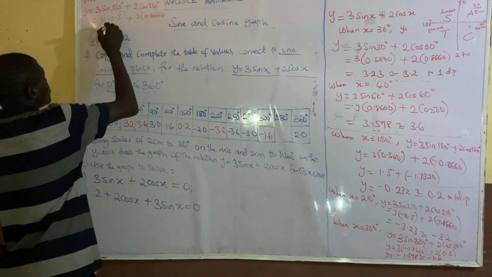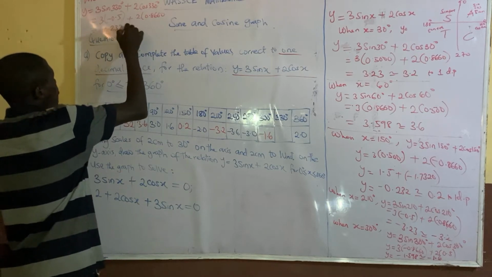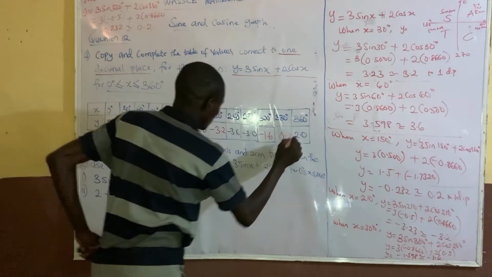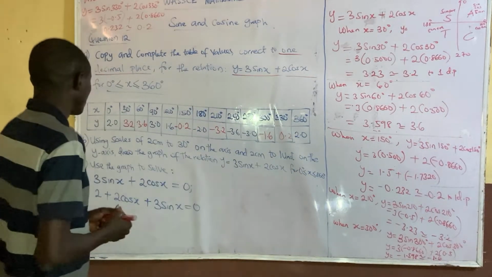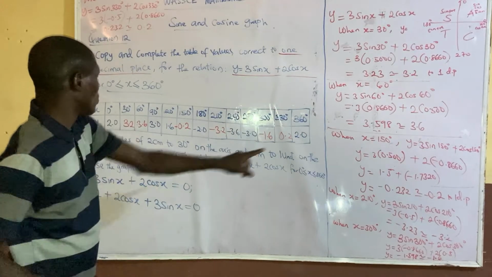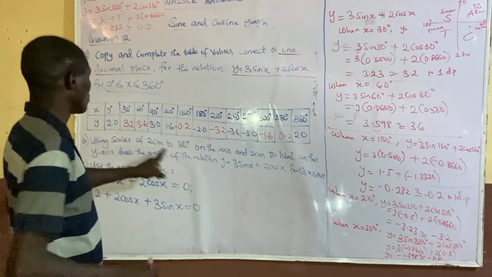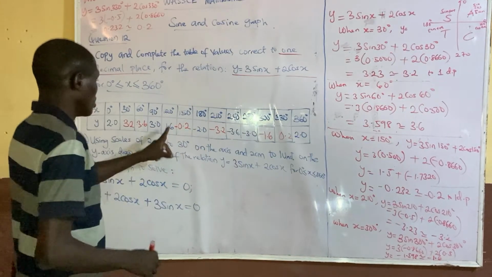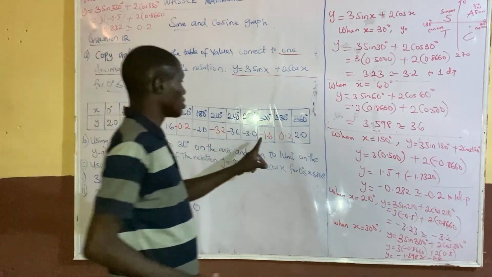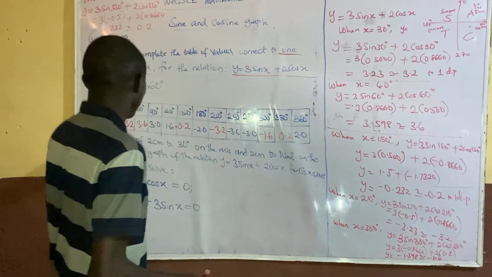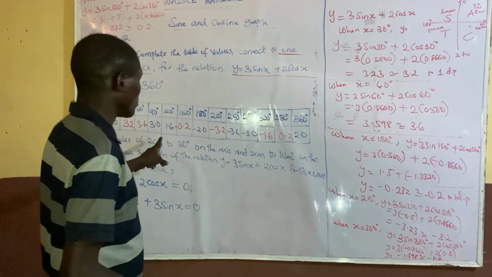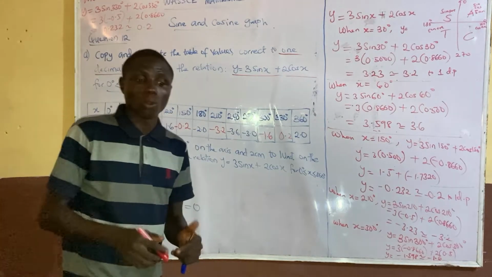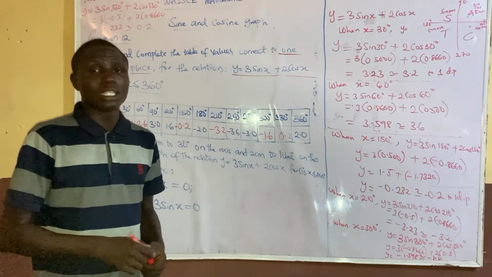So it's going to be 0.232, approximately 0.2. You can see it is coming from a negative value to a positive value. So that's how you know whether you are getting it right or not. So we are going to plot the graph now.